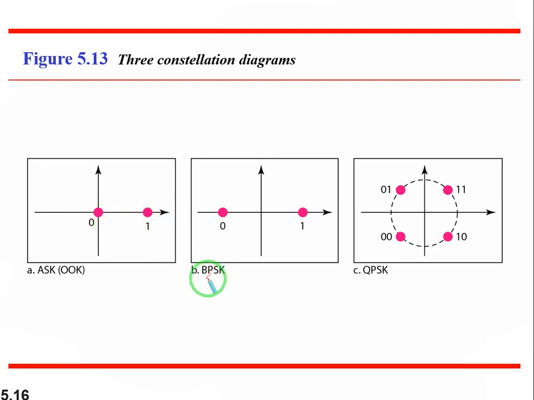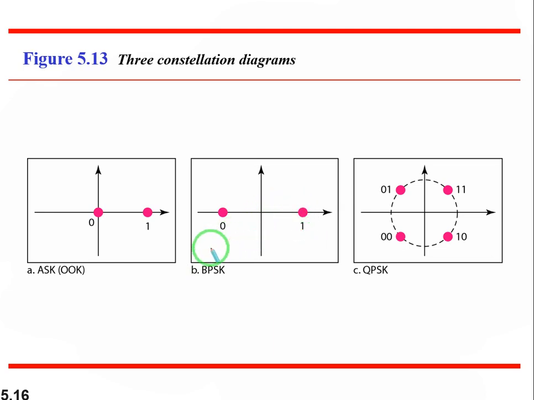Coming to BPSK, binary phase shift keying. In BPSK we just change the phase of the signal. Once we have a phase for the 1, for a 0 it is going to be changed. So we have 2 amplitudes, one is +1 and the other is -1.